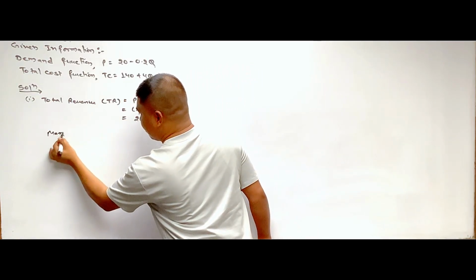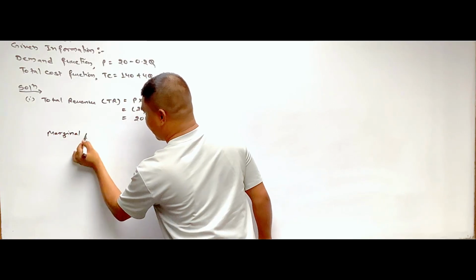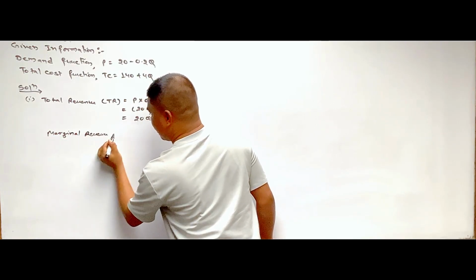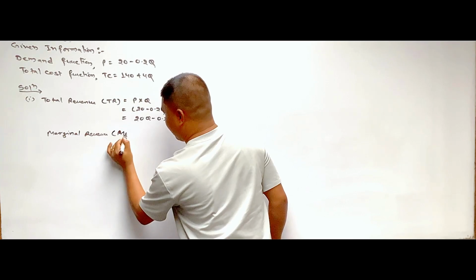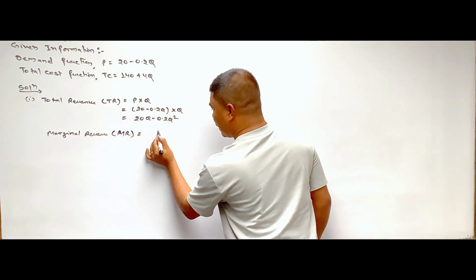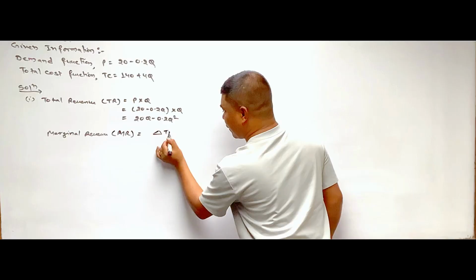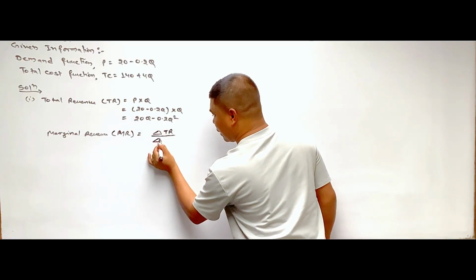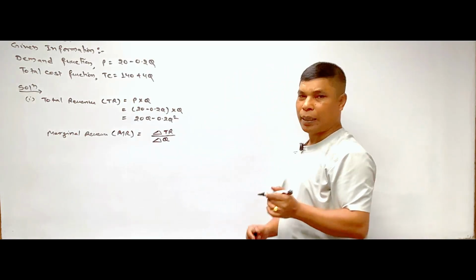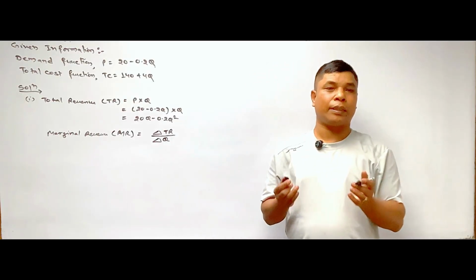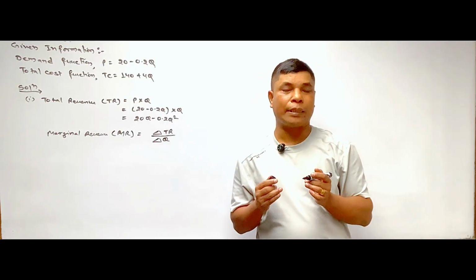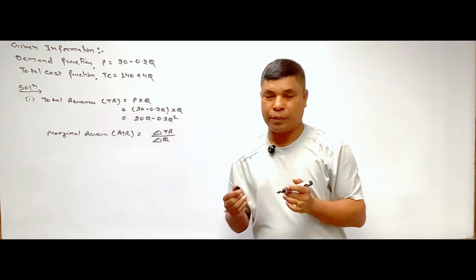Marginal revenue, MR, equals the change in total revenue divided by the change in quantity. That means marginal revenue is the additional sales revenue that can be obtained by selling one additional unit of output.